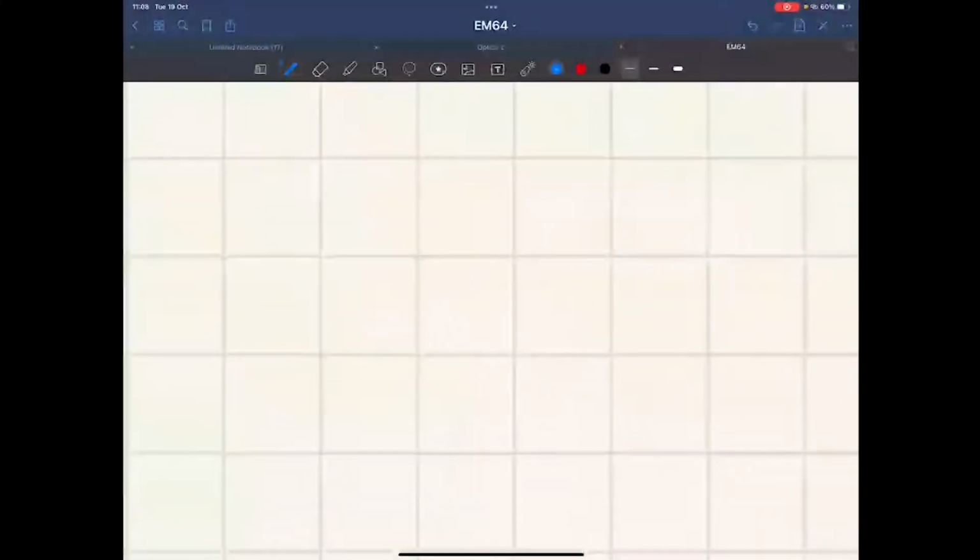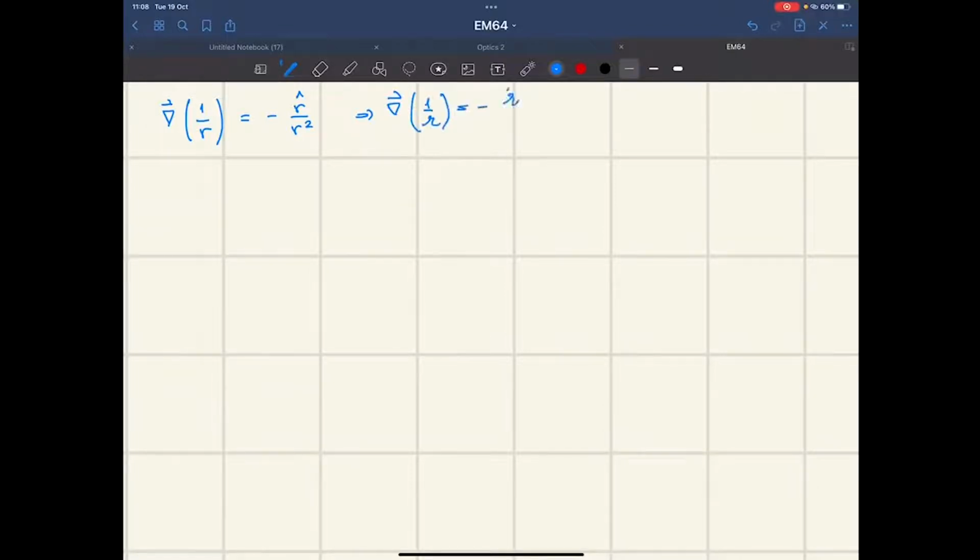Okay, let's continue here. From what we know here, we know that the gradient of 1 over r, the gradient of 1 over r, you know, if you try it at home, you will get r-hat over r square. Similarly, the gradient of 1 over script r here is also equal to r-hat over r square, like that.